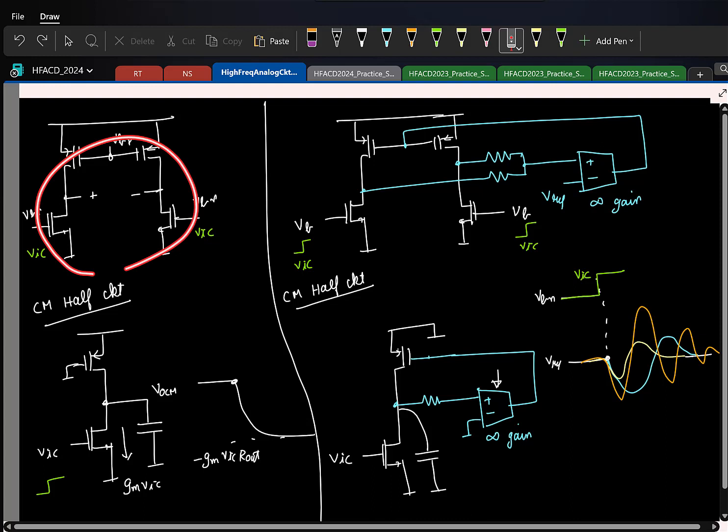Because when I didn't have CMFB, the output was responding to the common mode, but the moment I have this, at least eventually there is no response to the common mode input. Okay. So in addition, the common mode feedback loop also gives you some common mode rejection, right?